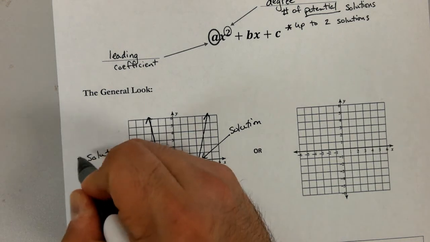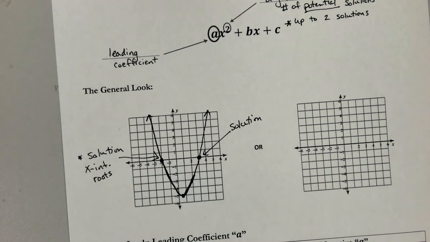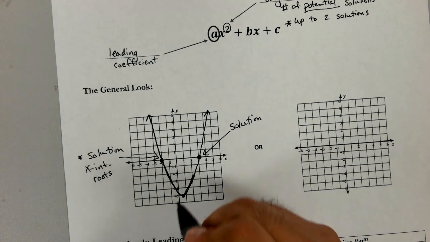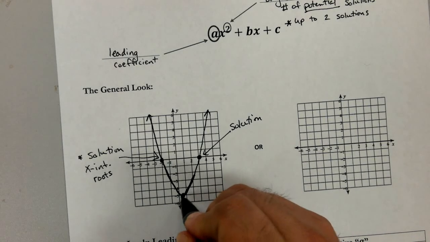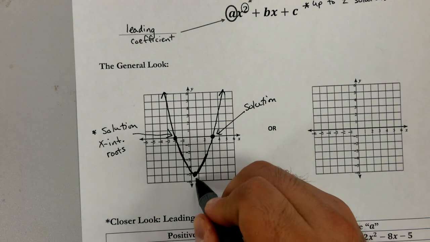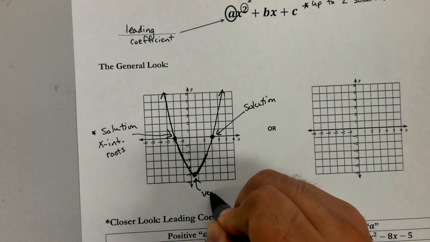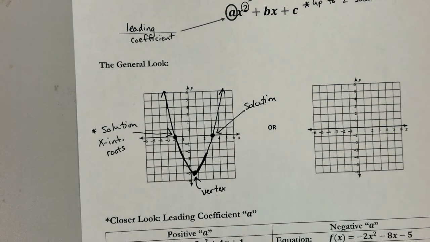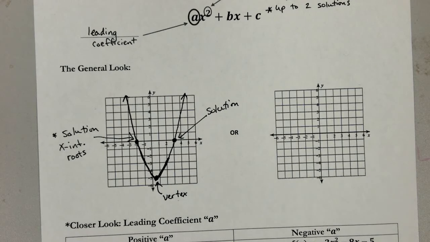Typically I'll say solution, but you should be comfortable with all 3 terms for those. Where it bottoms out, the lowest point on this curve, will be the vertex. I will ask you for the coordinate, but right now I just want to put that down for you. So that's if it opens up.